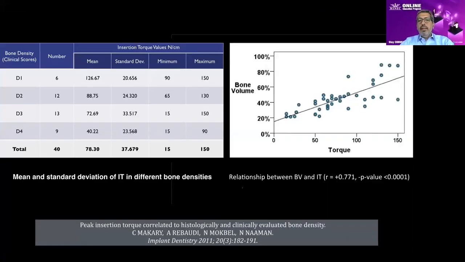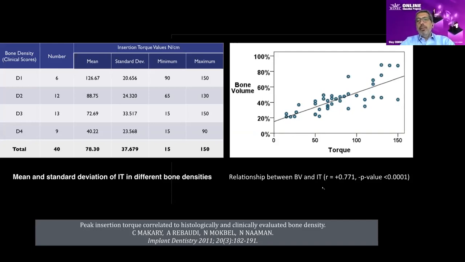And this is what you can tell in this study that we did in 2011, where you see that depending on bone quality, we have a different insertion torque level, like insertion torque of 125 in D1 bone and 14 Newton in D4 bone. And you see here on this graph on the right that the higher the bone volume, the higher the insertion torque values that we have.